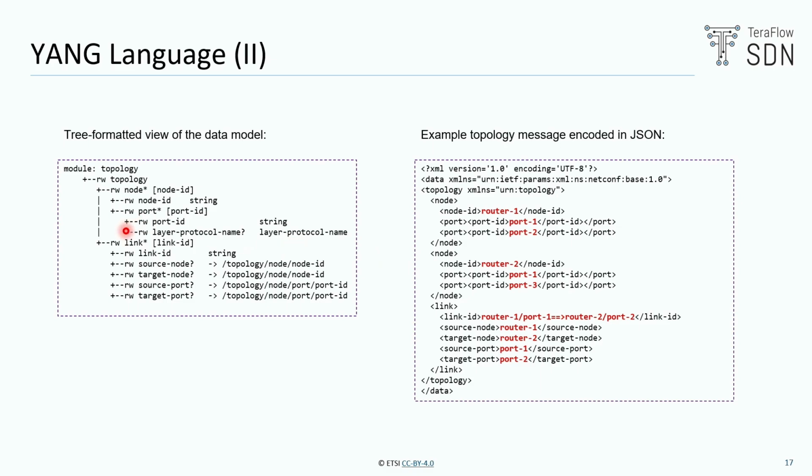Then, if we check here how a link could be, a link can have a link ID. This is a free string. Okay, and then the source node is router 1, that essentially is a pointer to this node. It has a target node, router 2, which points here, and then I have the pointers to the ports. That's the idea.